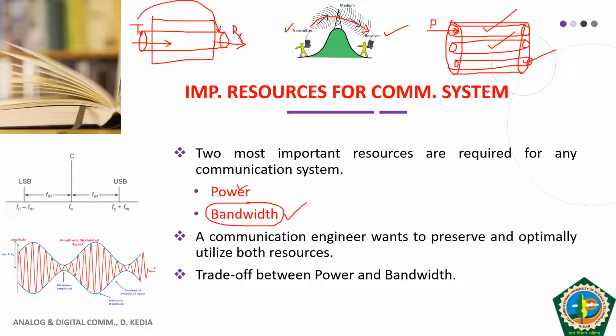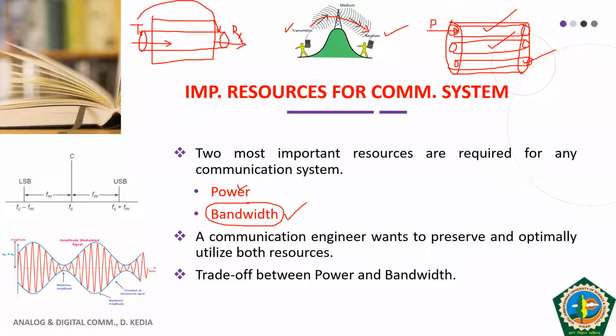So obviously, if we have more power, if we have more bandwidth, obviously I'll be the most happy communication engineer. But as I told you, we have to buy bandwidth. So bandwidth comes at a premium. So we cannot have infinite bandwidth available with us. Similarly, power is also limited; it's not that we can introduce as much power as we can into the signal. We all know that all our devices are battery operated.